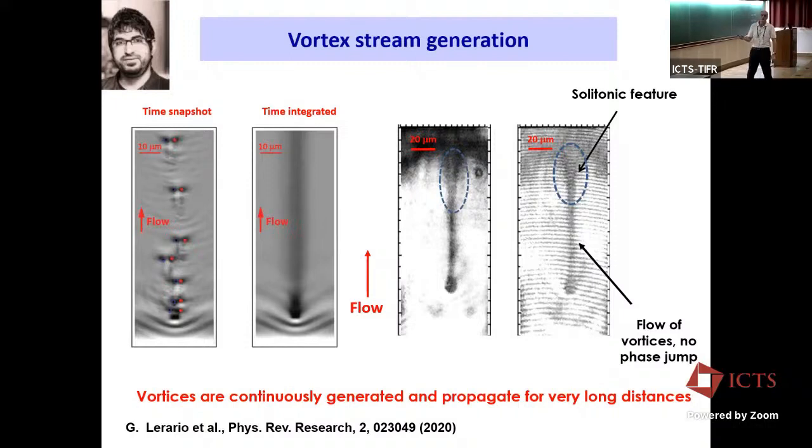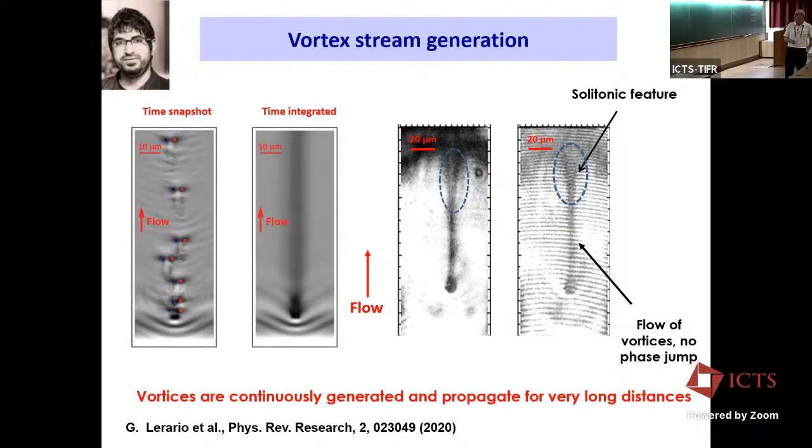Of course, in a time-integrated experiment, what we expect to see is just a dark line because we cannot resolve the vortex-antivortex generation. It is indeed what we have observed in the experiment. The important point here is that now the propagation is very long, more than 100 micron, which is much longer than the distance that the polariton could propagate due to the lifetime.